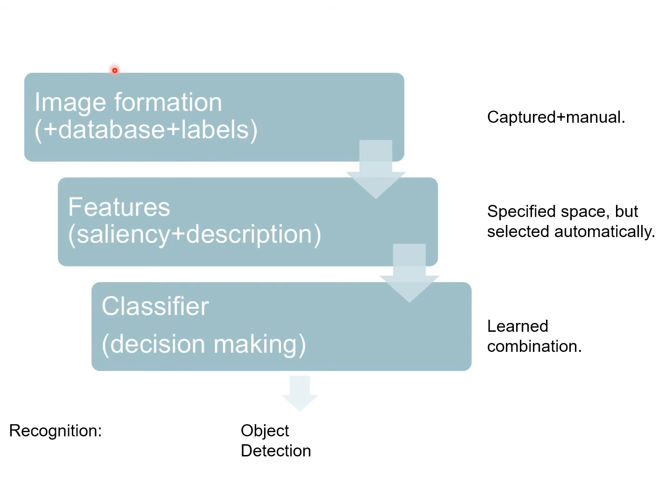And here we usually call it image formation because we particularly deal with images for now. The second thing is feature extraction. Because if the data itself, the image, is too huge and doesn't have useful information, you can't really do anything about it directly. So we usually process it and then we get things like features.